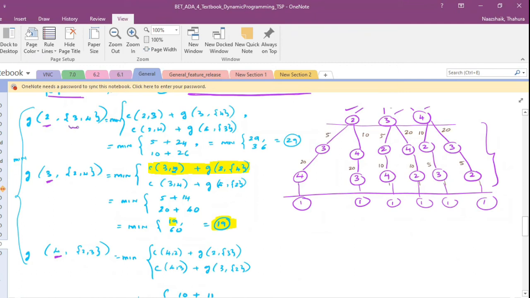Okay, then this is what vertex you will choose in between, because we have to choose 2 vertices, right? So if you pick 2, your only other choice is 3 or 4. That's what this means, right? And if you pick 3, your only other choice is 2 or 4. Remember, you should not repeat the vertex. That's why these are the only 2 choices you have. And if you pick 4, your only choice is 2 or 3, right?